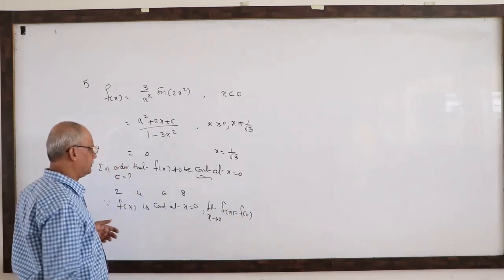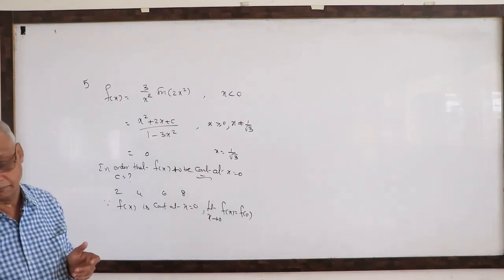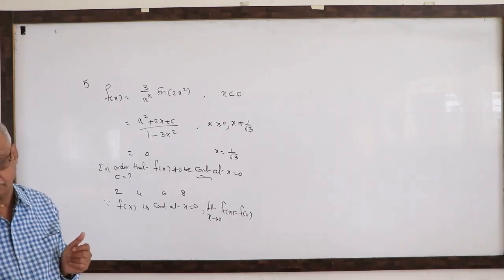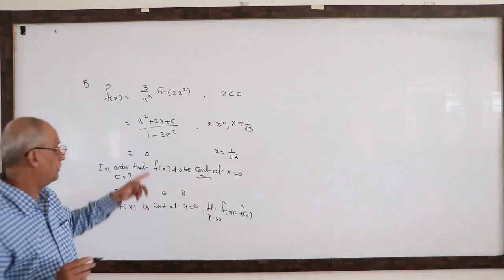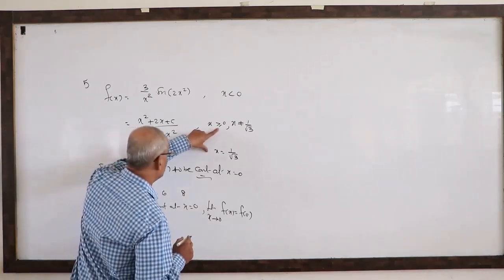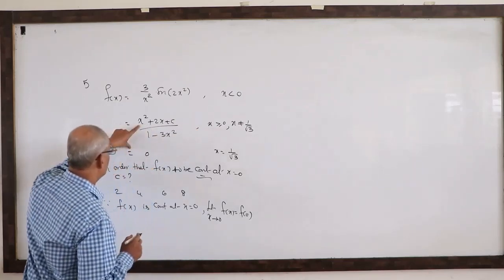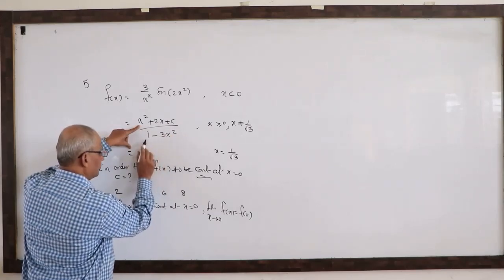What is f of 0? See, equality is here, equal to here, 0, 0, c, 0, 1.